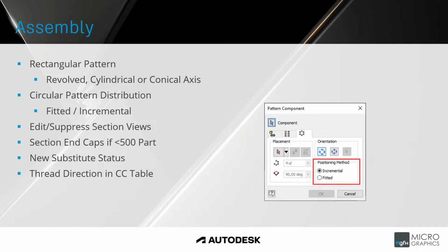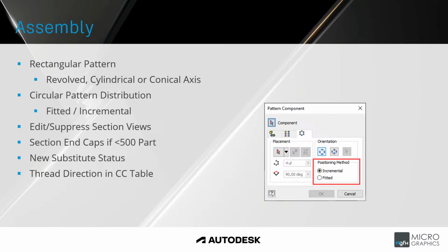Circular pattern has been improved with the distribution or positioning method having the fitted option now added. So we now can choose between incremental or fitted within the circular pattern distribution.